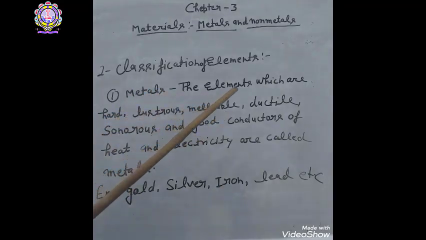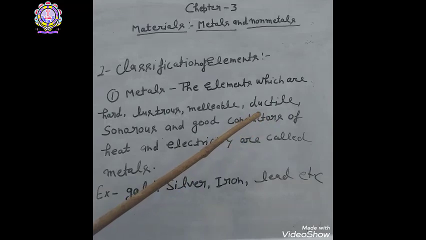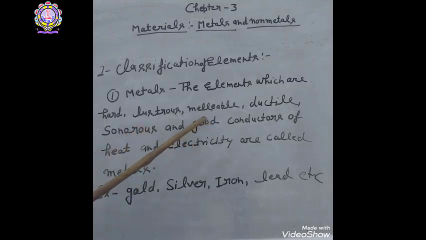So elements that are hard and shiny, malleable, ductile which form thin wires, have a pleasant or deep and full sound, and pass heat and electricity easily from one point to another are called metals.